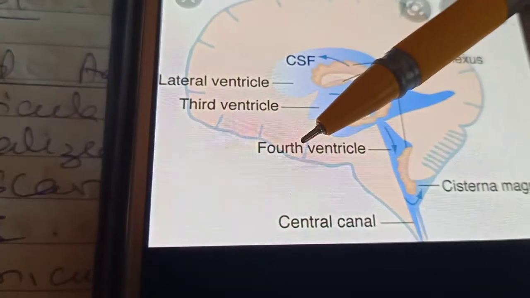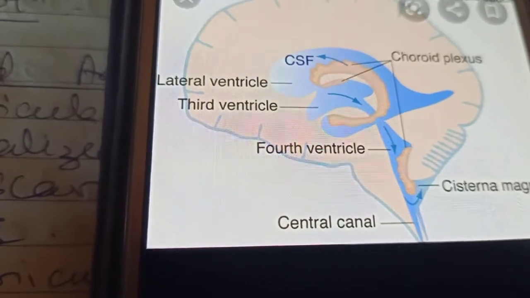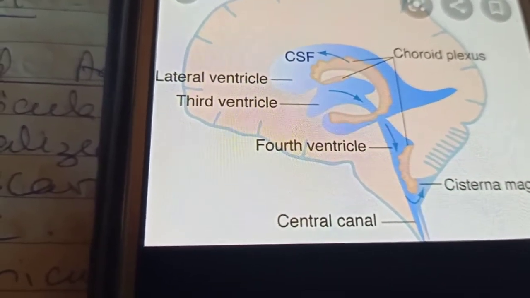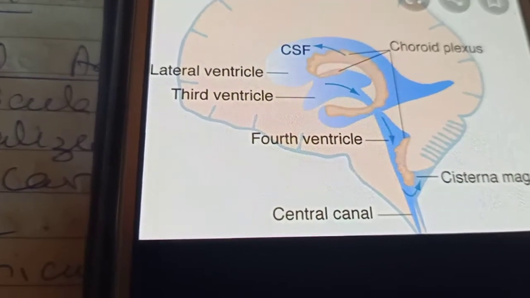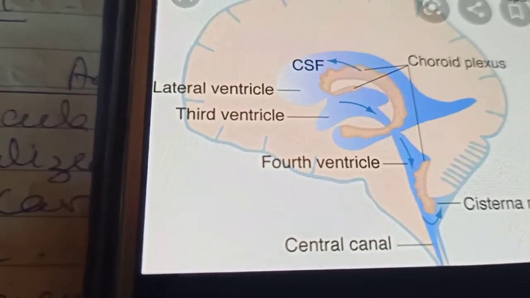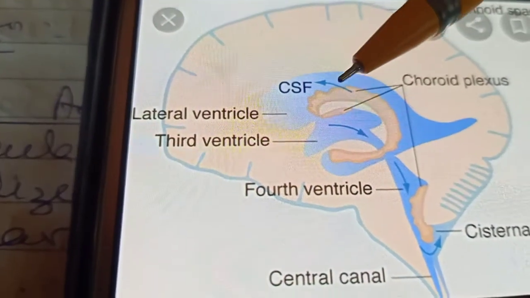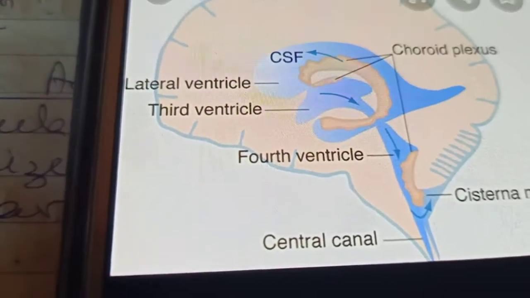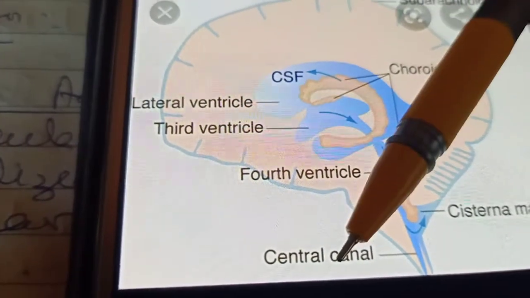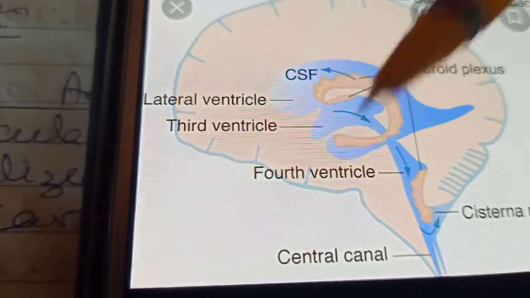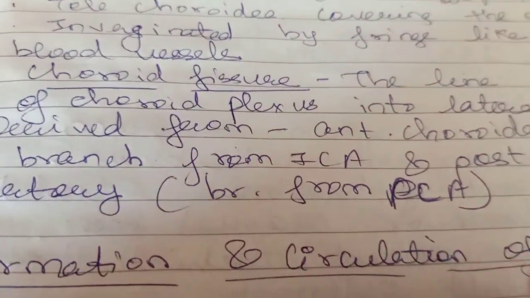This line of invagination is supplied by the anterior choroidal artery, which is a branch of the internal carotid artery, and the posterior choroidal artery, which is a branch of the posterior cerebral artery. Through this choroid plexus they pass, forming the choroid fissure. The choroid fissure is the line of invagination of the choroid plexus into the lateral ventricle.